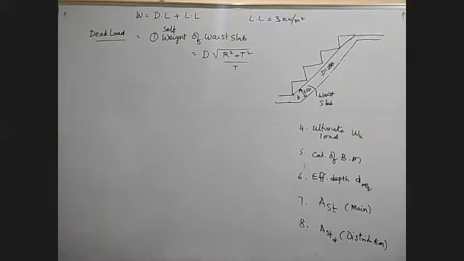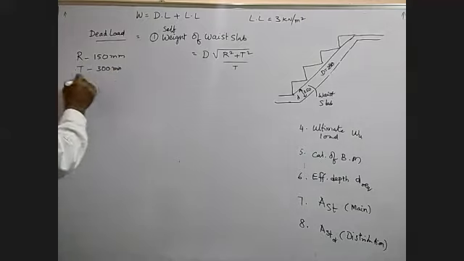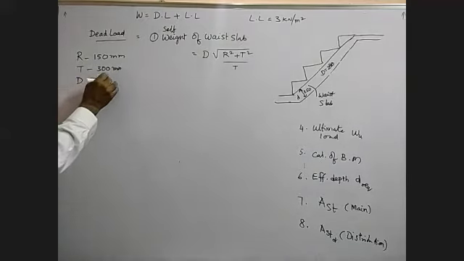So here rise we have taken 150 mm and tread we have taken 300 mm. D is equal to 280 mm.